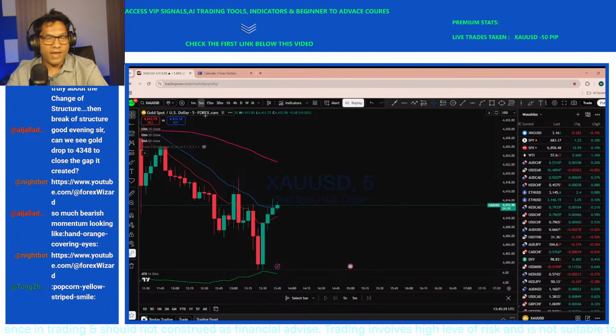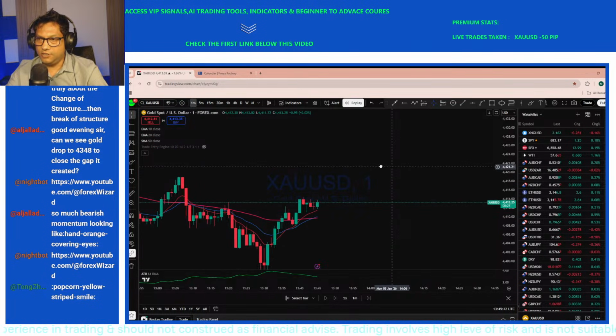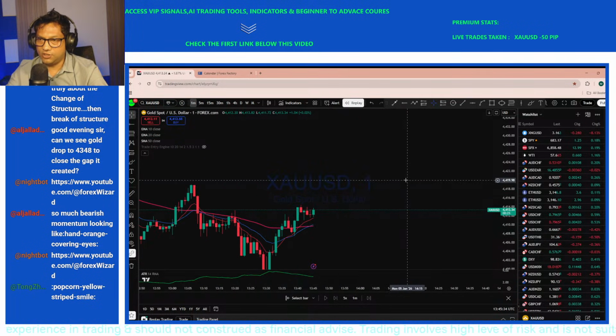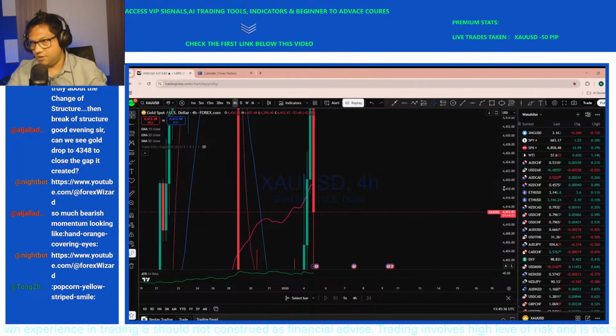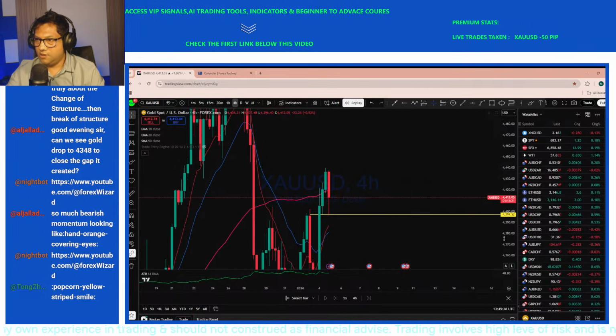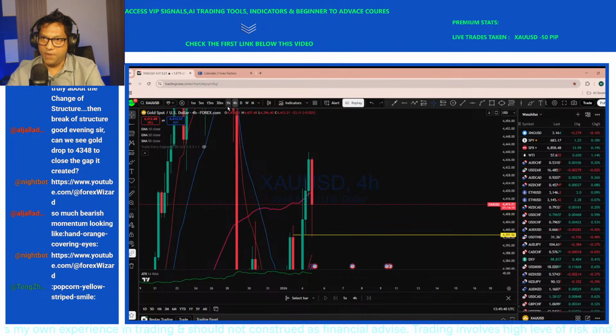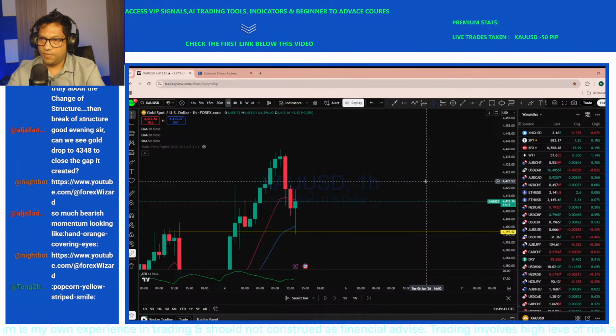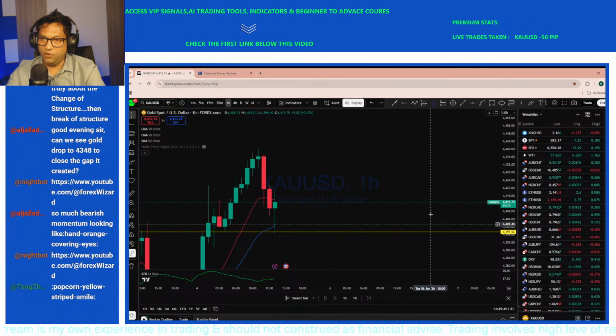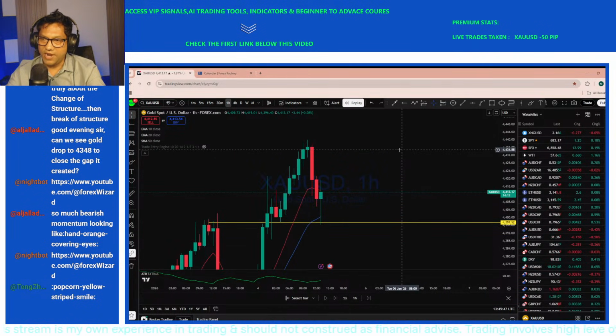We can look at another entry once the market structure confirms another return back in this market. From this support level, if you look, it's getting the reaction back above again.